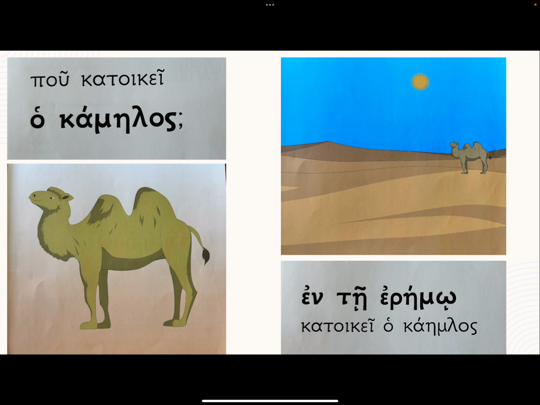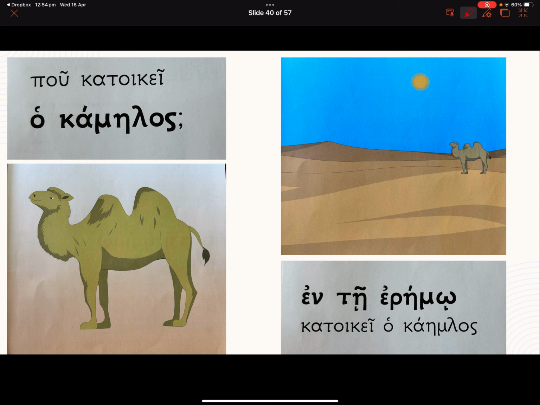Pu means where. So this is saying, where does the camel live? That's the question it's asking. Then on the next page, we get our sentence that starts with a prepositional phrase. You'll see here it starts with the word en, and en is always followed by the dative.